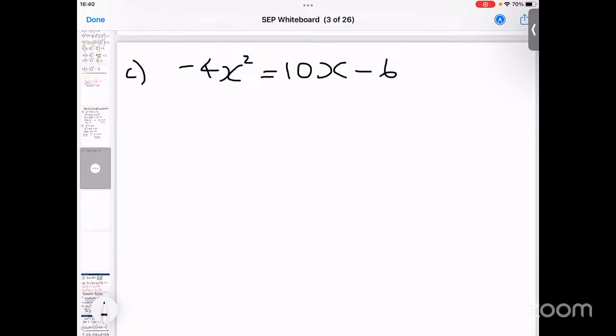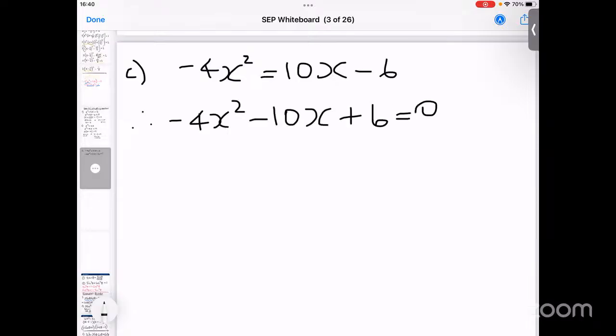Yes, this is an equation, a type of equation, a quadratic equation. Therefore, it might be best to rewrite it in this format, whereby we will equate it to 0.